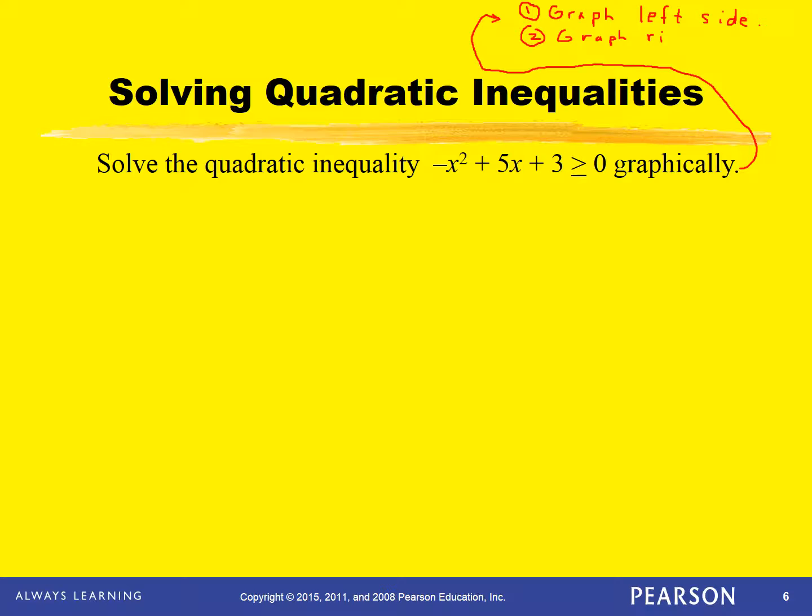Of course, the right side here is just 0. So you'd be graphing the line y equals 0, in other words, the x-axis. You can imagine that horizontal line, right? It has equation y equals 0, doesn't it?